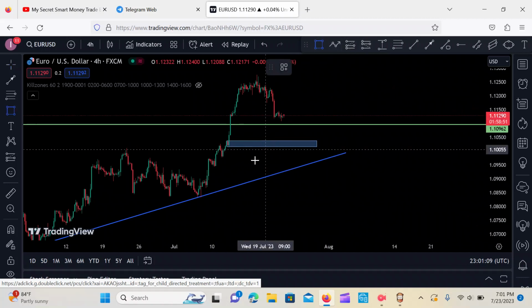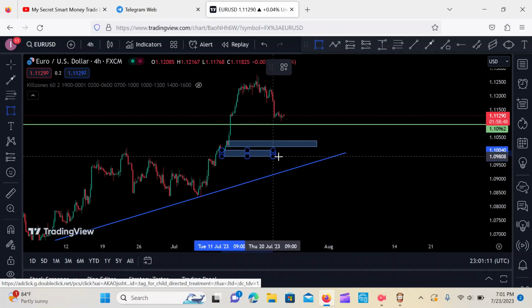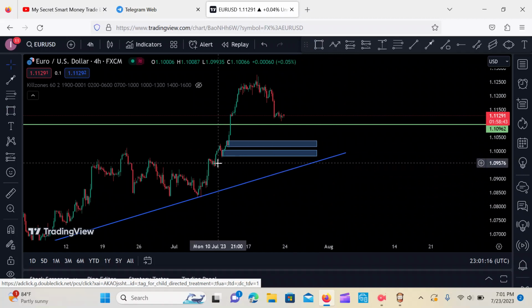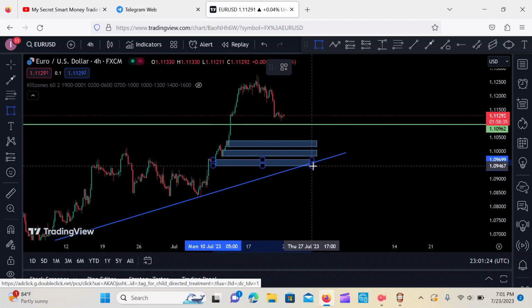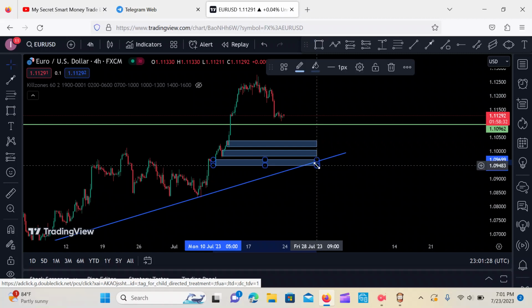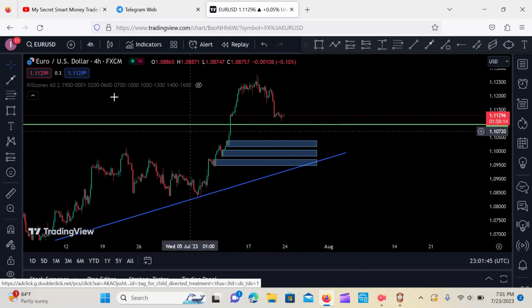We have another order block right here, and also we have another one right here. So we have three order blocks right here. That is exactly where I'm going to be looking or expecting price to respect before making any further movement.